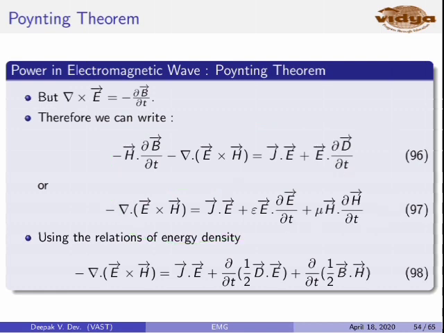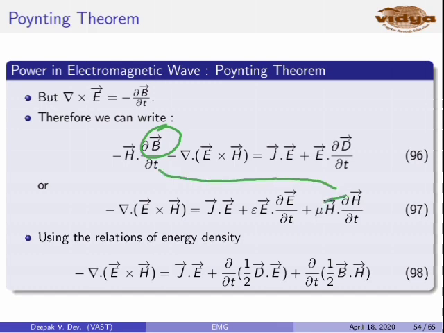Here the J dot E is this one, and this becomes this term because D is equal to epsilon 0 epsilon r into E. So if we substitute D as epsilon into E, this term becomes this one. And for B, we can substitute mu 0 mu r H, that is mu into H. So this term becomes mu H into dou H by dou t.